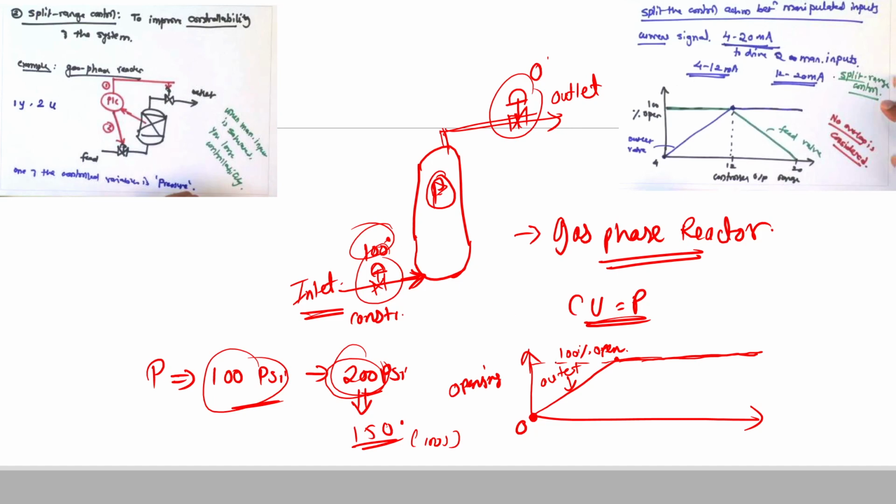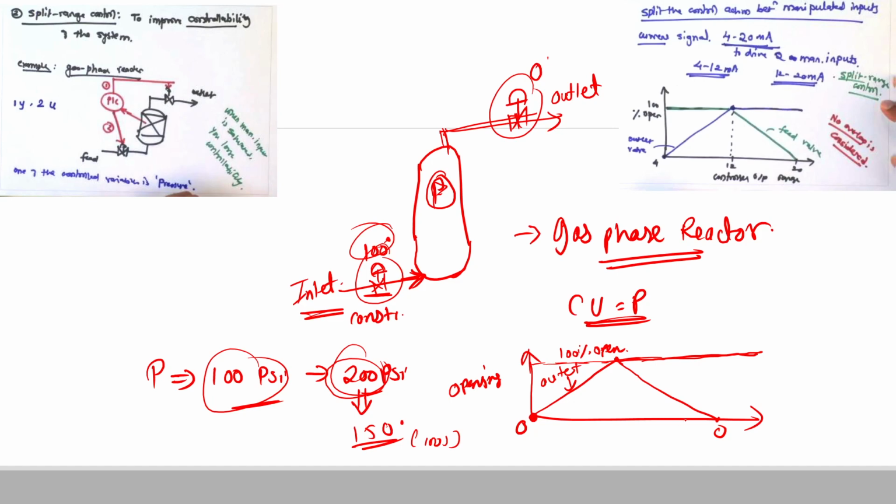Now the inlet valve was 100% open earlier. Once this happens, we can see that MV2, that is the outlet valve, has reached saturation. At that point, we can start closing the inlet valve in order to regulate the pressure. That is, we can start decreasing the opening, closing the valve again to 0. We can close the valve as per our required pressure.